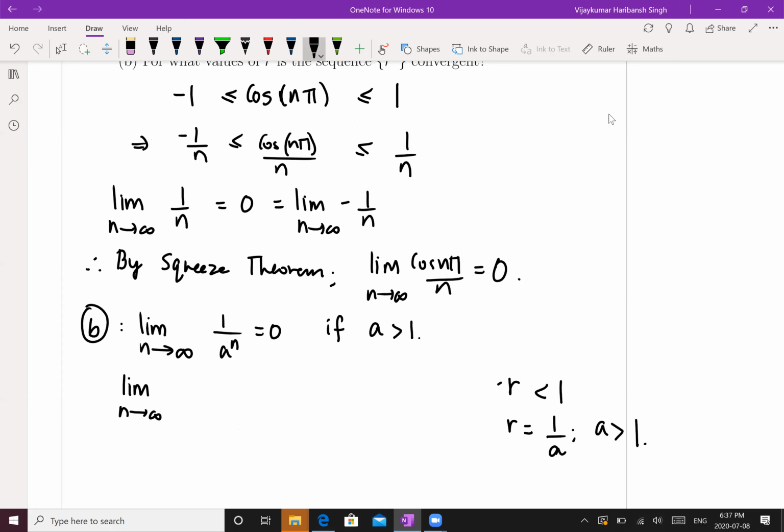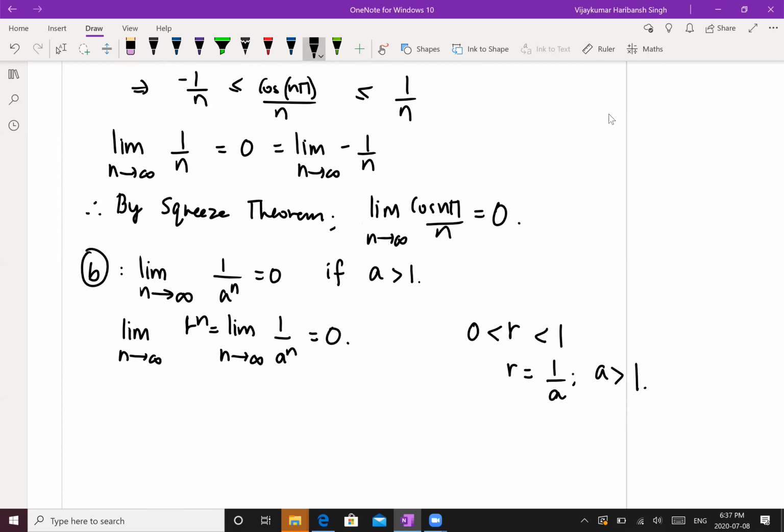Let's deal with this case first. In this case, the limit as n goes to infinity of r to the power n is the same as the limit of 1 by a to the power n, which is going to be 0. So when r is between 0 and 1, you get this.